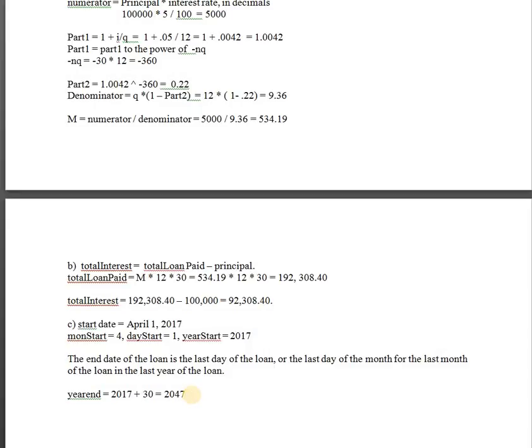So far so good. The month ending is going to be the same month that it starts in, which will be 4. And the day ending will be the last day, and the last day of April is the 30th.